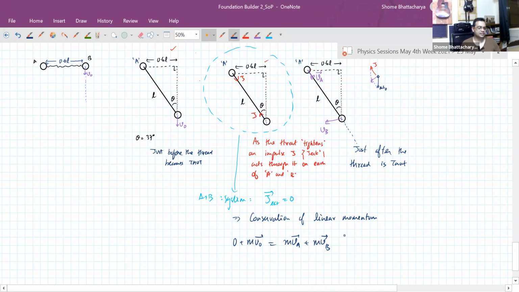Now this vector relation that we have over here, momentum conservation, is going to give us two component equations, but a third equation will also be required. So the third equation has to come from an additional concept, and the concept for that is that the thread is of fixed length. So as A and B are moving, the distance between A and B should remain fixed after the thread becomes taut.